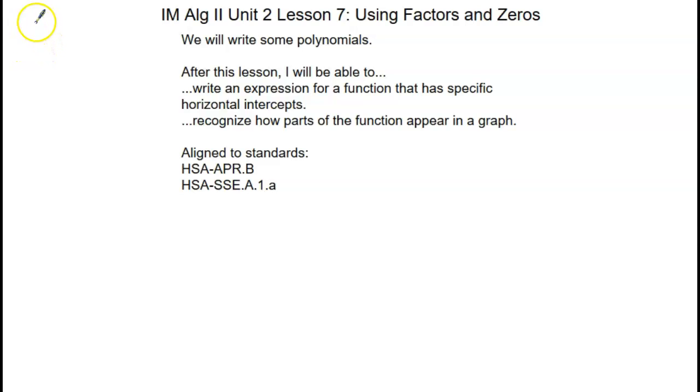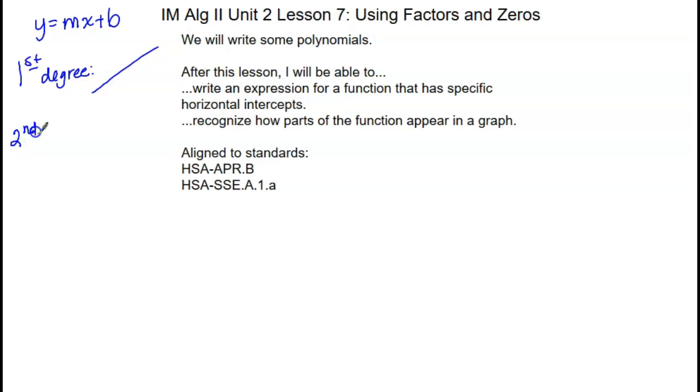So if you were to graph something in y equals mx plus b, this is a first degree polynomial. Anything that is a first degree polynomial is going to be a linear graph, whether it goes up positive or down negative. This is what a first degree polynomial looks like.